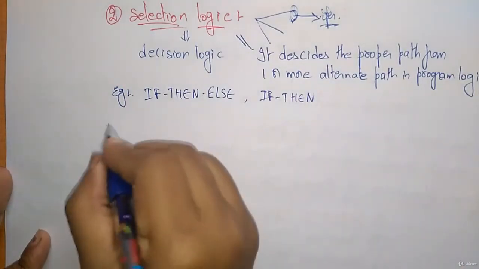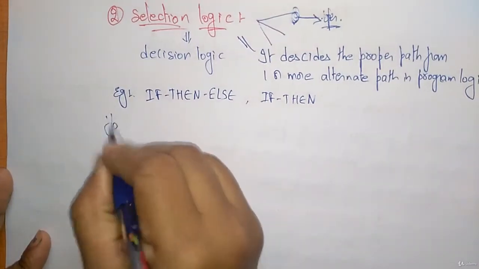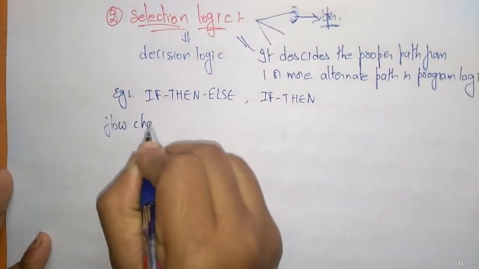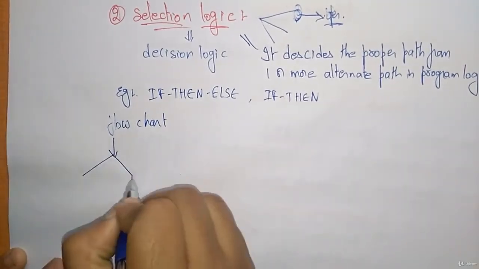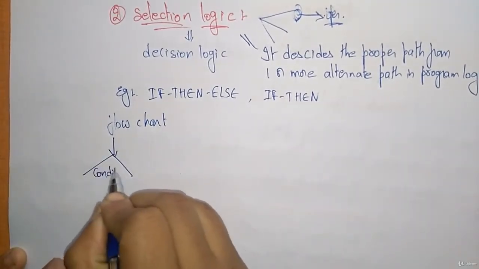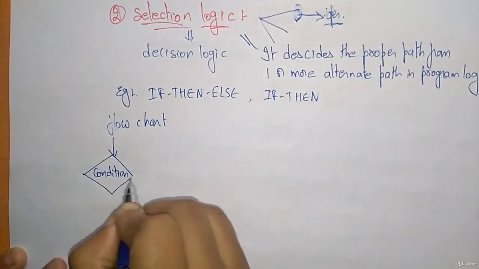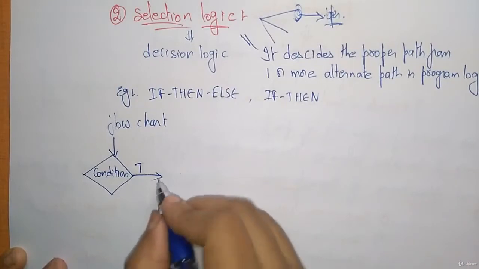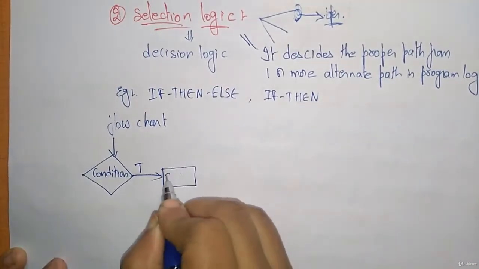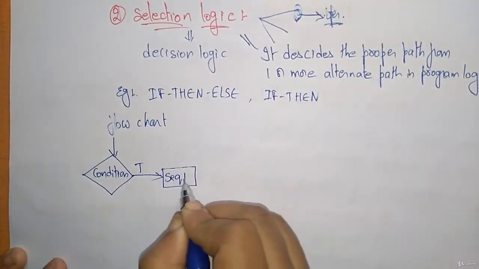First, the if then else flowchart. It's a selection. First you have to give the condition. If the condition is true, it goes to the sequence 1 statement.